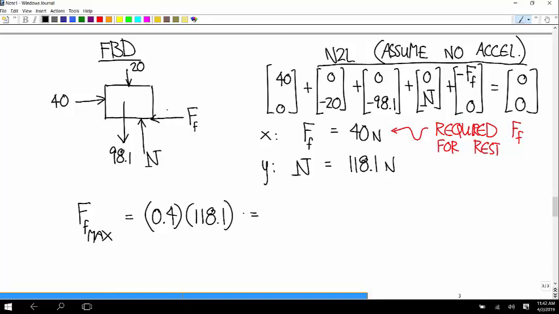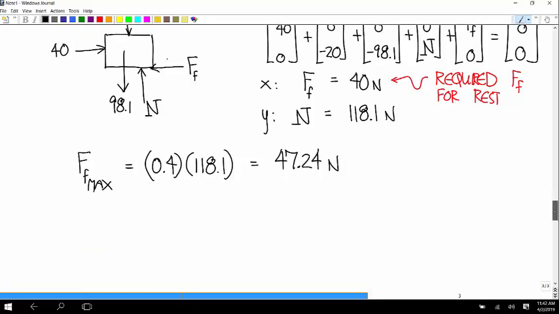Can someone calculate that? 47.24 newtons. The required Ff is less than Ff max. So does this slide or not? Stays at rest.